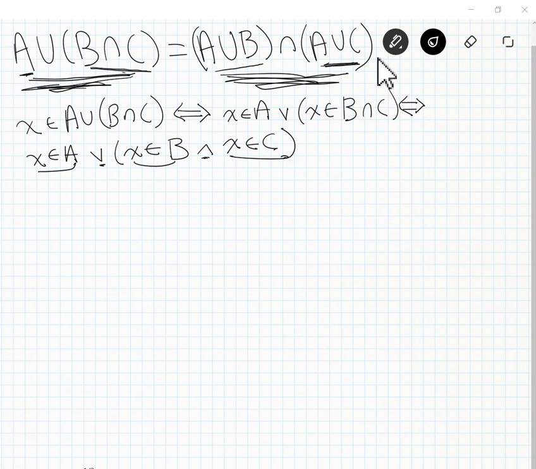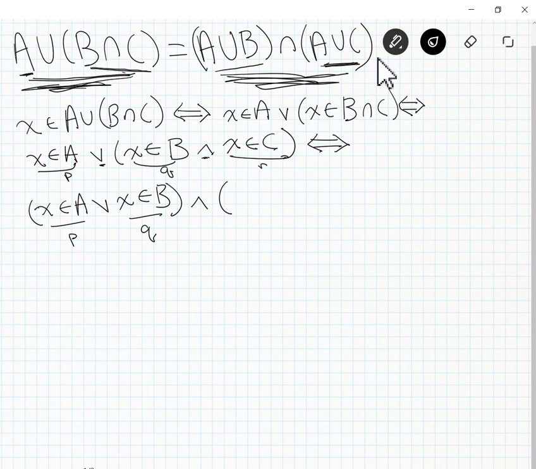So we're going to rewrite this as logically equivalent to X belongs to A or X belongs to B. This is our P, Q, R. So this is our P and our Q. Then we have the AND. Then we have a P again, which is X belongs to A. Then we have the OR. Then we have our R, X belongs to C.